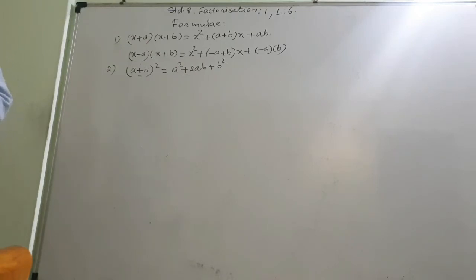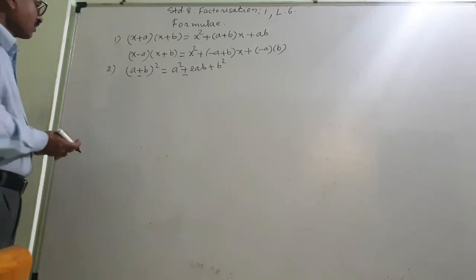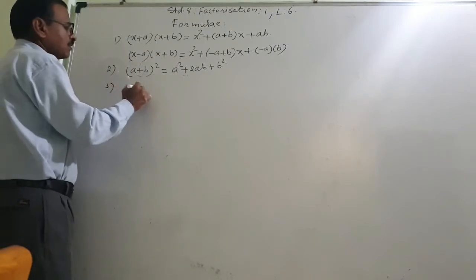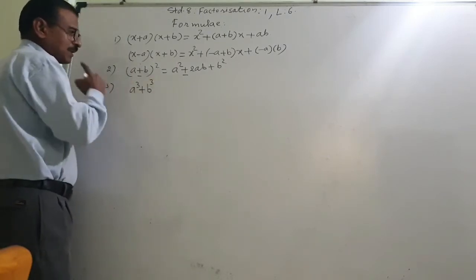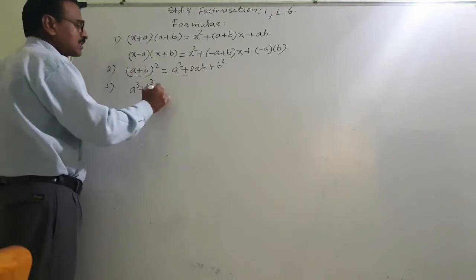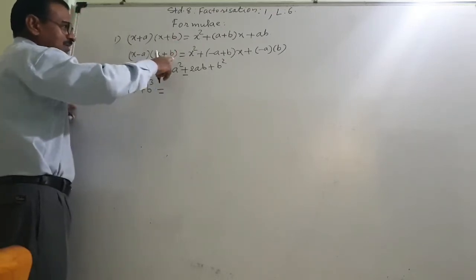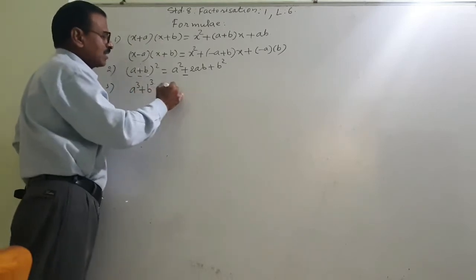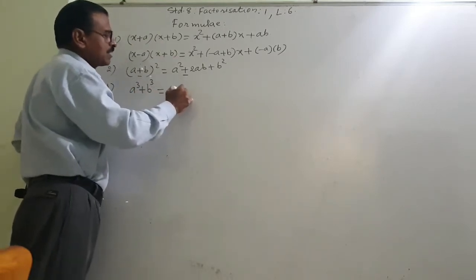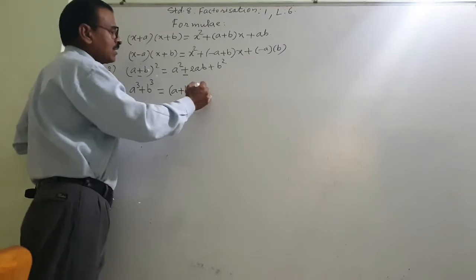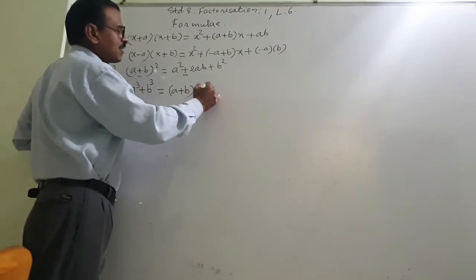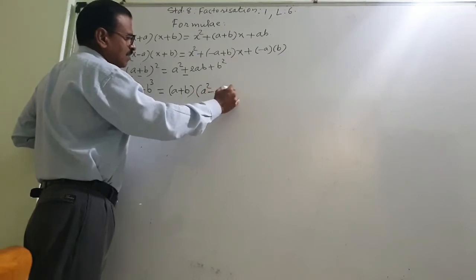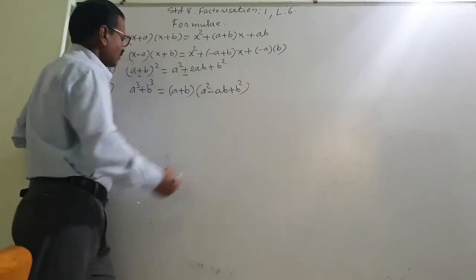Another factorization formula, a cube plus b cube, that is important. a cube plus b cube. Now this is the expansion, this is the expansion, this is the expansion, but this is the factor. (a + b) into another bracket a square, if it is plus here, I will write here minus ab plus b square.